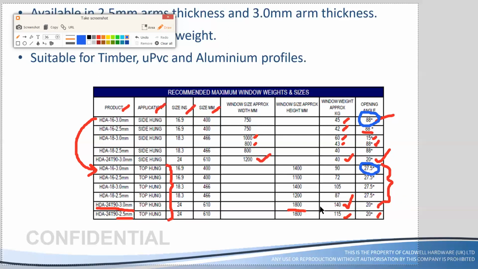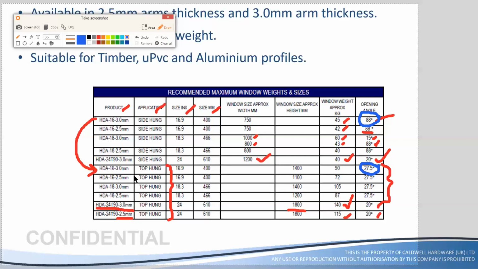That means if anyone uses the top hung arm in side hung, he will not be able to open the window beyond 27.5 degrees, and maybe he will not be happy to use it, and he will give back the window, give back the hardware. That's why it's not suggested to use side hung friction stays in top hung or top hung friction stays in side hung.